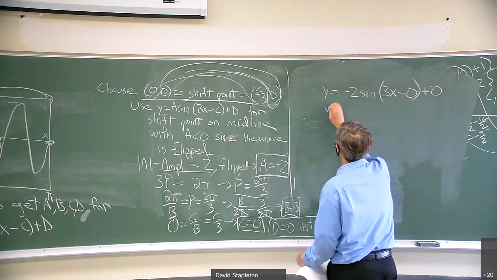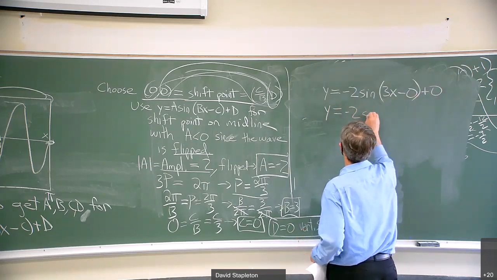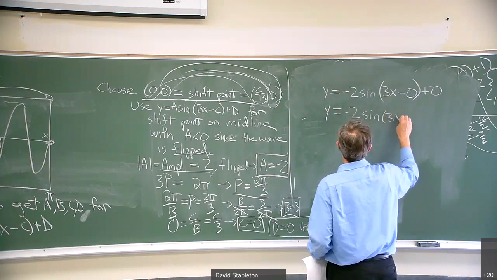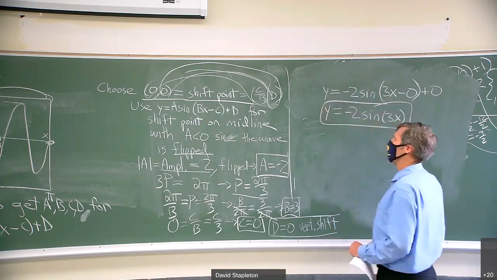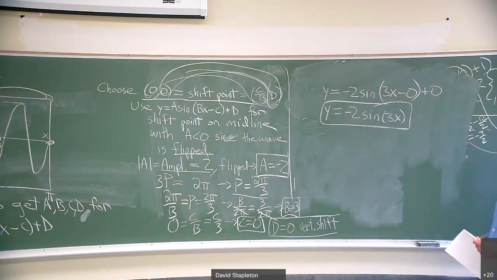And then it's nice to simplify this, but you can just write y equals -2 sine 3x. Then graph it on your calculator, see if it looks right. Make sure your calculator's in radians mode when you do the graphing, or it won't look right.